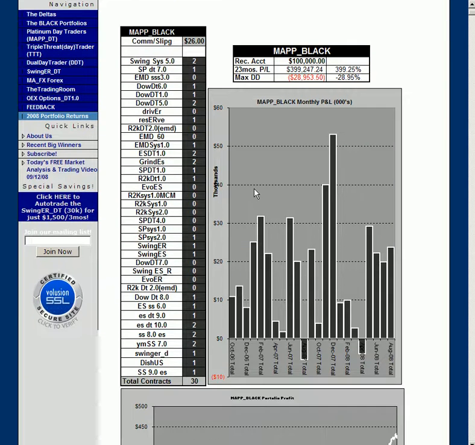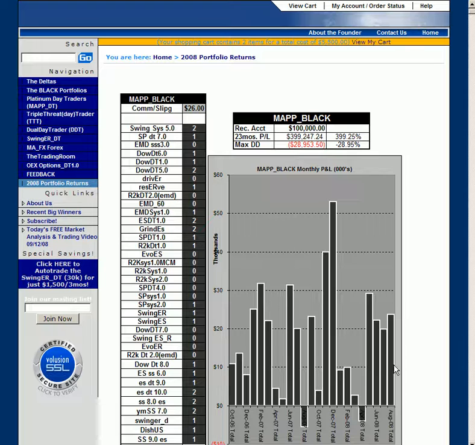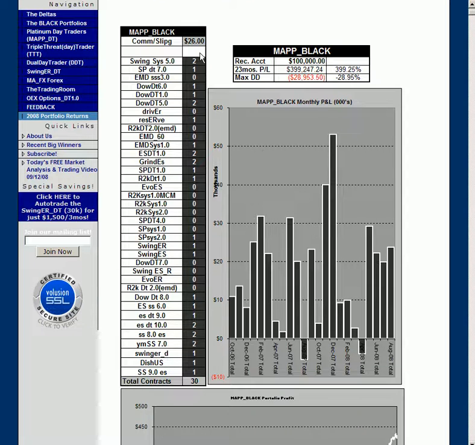So this is as of August of 2008, and as you can see, it's been a banner 4 months for the MiniAnalyst.com. We have the Matte Black portfolio up 399% against a maximum drawdown risk of 28.95%. This includes $26 per round turn for both slippage and commission for every trade, round turn that is, so every 2 trades.